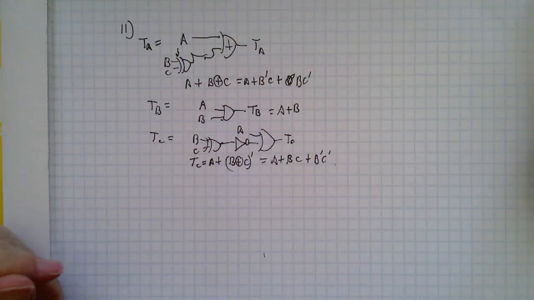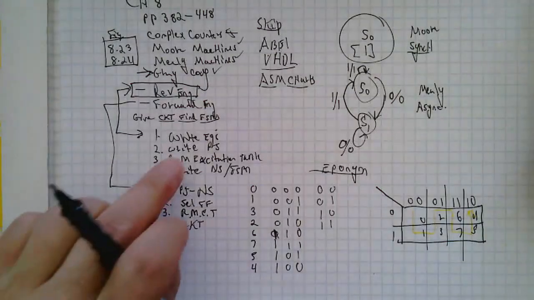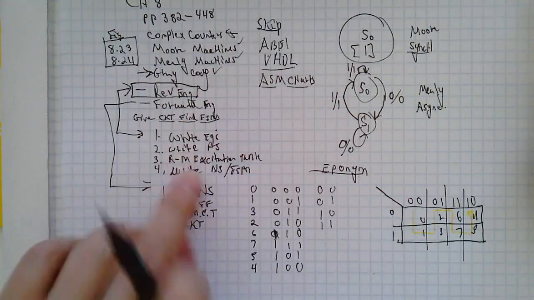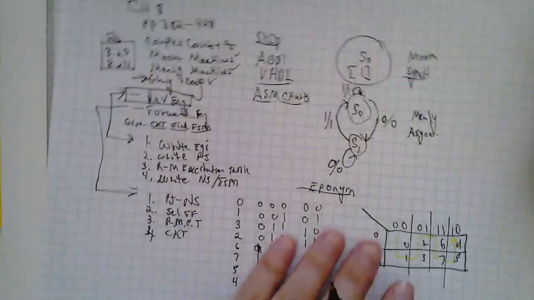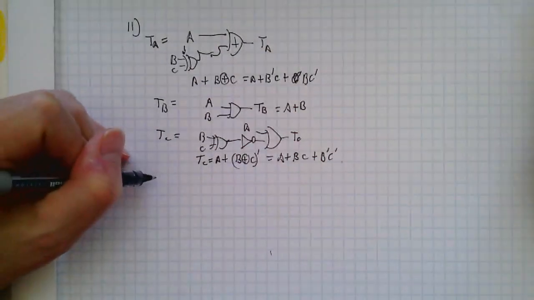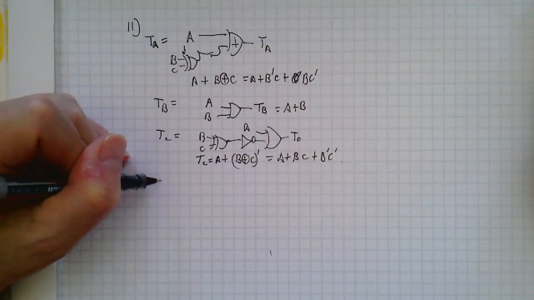So now we have performed the writing of the equations. Now we got to write the present state. Next step. Here's A, B, and C flip-flops.